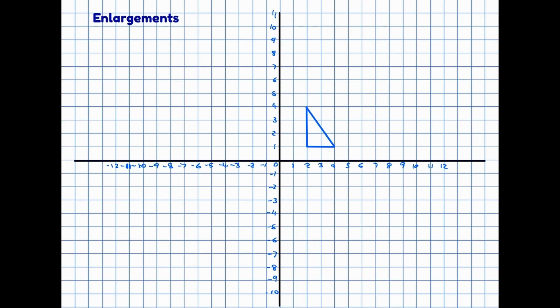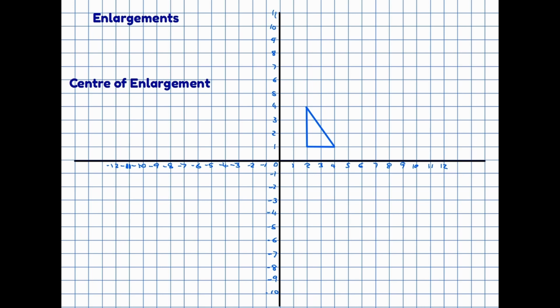And finally we move on to the fourth and possibly the most tricky transformation, and these are enlargements. There are two pieces of information that we need to know in order to carry out an enlargement, and the first of those is the center of enlargement. What this means is we're going to be given a point on the graph, and that will tell us where the enlargement is going to grow from.